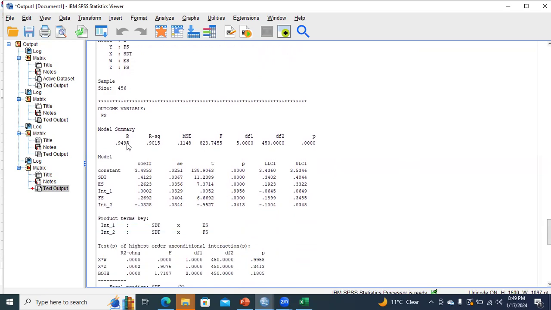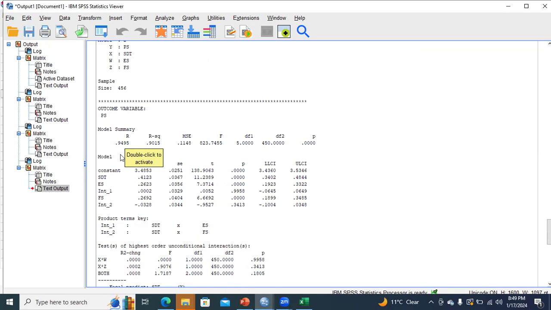Then you need to see the R, which is the multiple correlation between the variables. It shows a strong positive multiple correlation between all the variables like PS, SDT, ES, FS and the interaction terms.